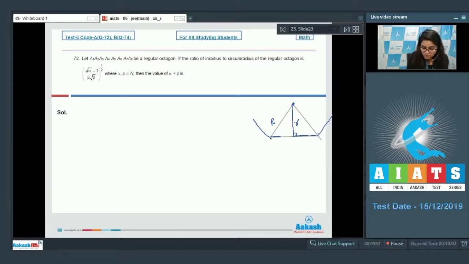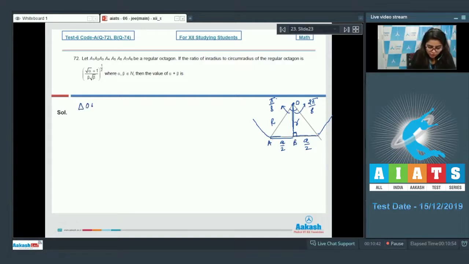Suppose the side length of the octagon is A, so this length is A by 2. Similarly this is A by 2, and we know the whole angle is 2 pi by 8. So this is your angle bisector for the inradius. So this angle is pi by 8, half of this angle. So just take this as O, this as A and this as B.